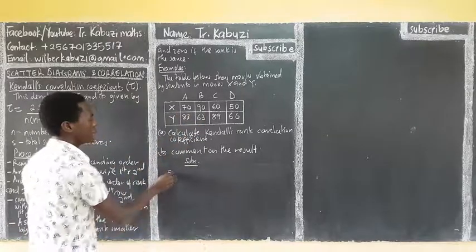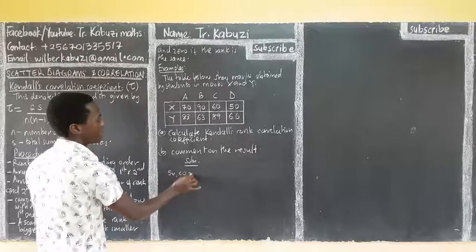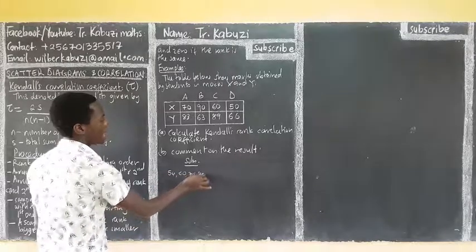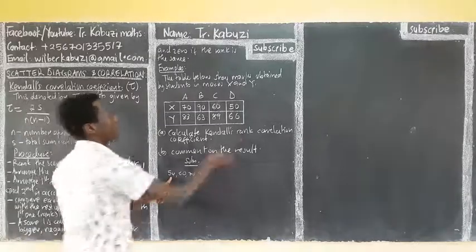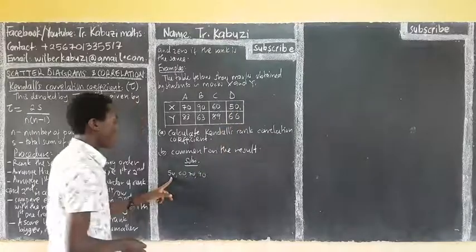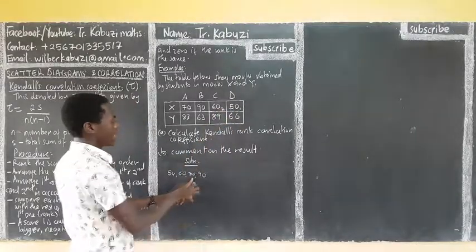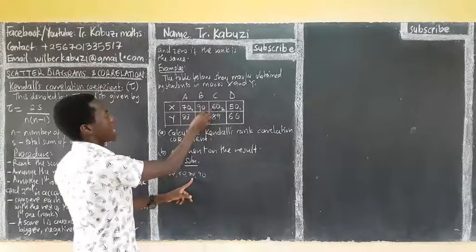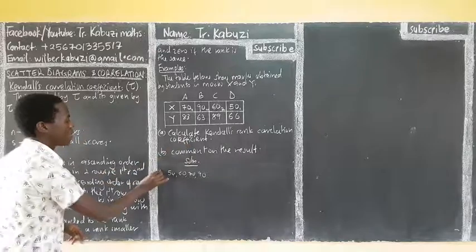For X, we have 50 as the smallest, followed by 60, then 70, then 90. When I give them ranks, 50 takes rank 1, 60 takes rank 2, 70 takes rank 3, and 90 takes rank 4. That is for X.